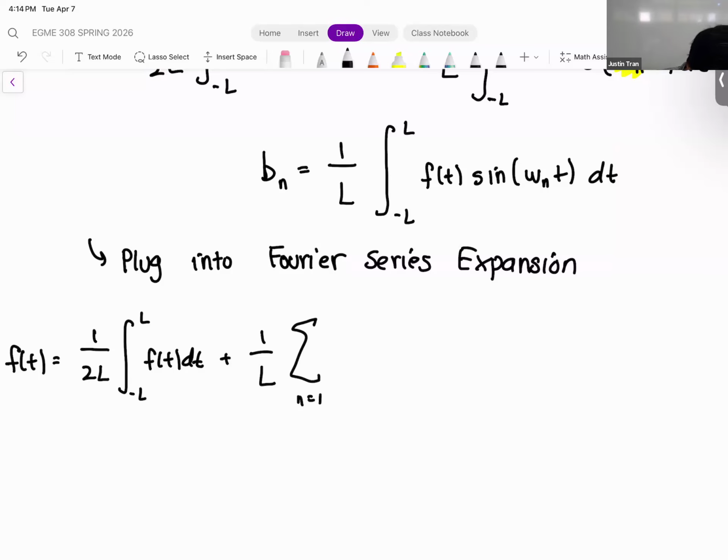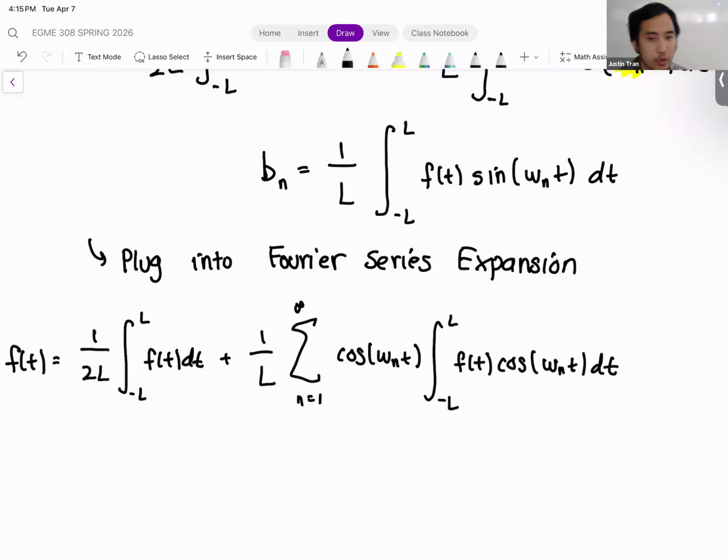summation from n equals 1 to infinity. We have cosine omega n times t times integral from minus L to L f of t cosine of omega n t dt. That combination of terms is An multiplied by cosine omega n t, right?